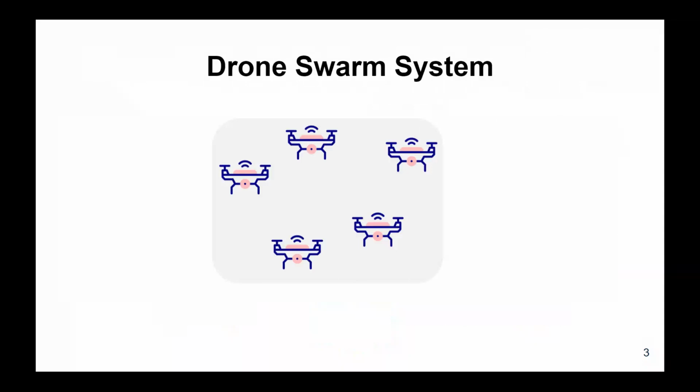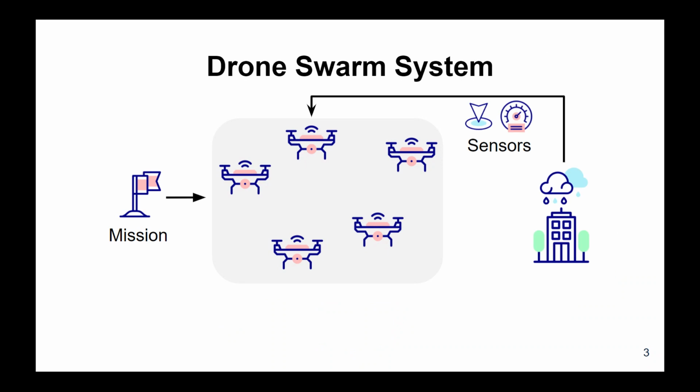So, how would a drone swarm fulfill a mission? Usually, they will take the following steps. First, it receives a mission goal, for example, to arrive at a destination. Then, to navigate themselves to the goal, the drone swarm needs to know their current states, such as the location and velocity, and they collect this state information using sensors such as GPS.